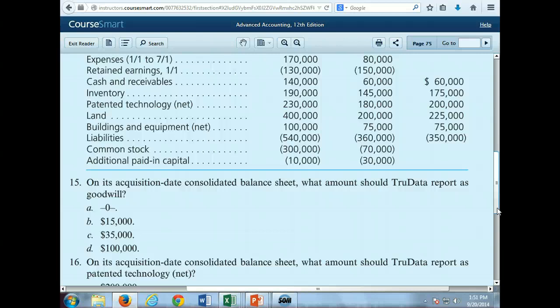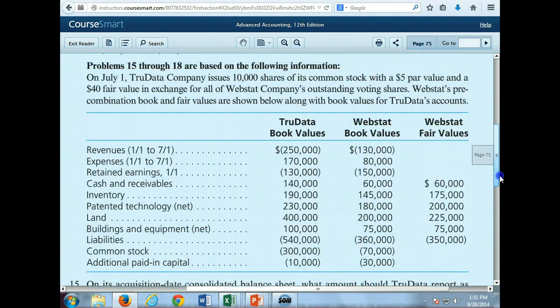So how are we going to figure this out? We're going to determine what True Data purchased it for, what the fair values of what they purchased were, and what the difference is. Goodwill. Okay? You guys following me?